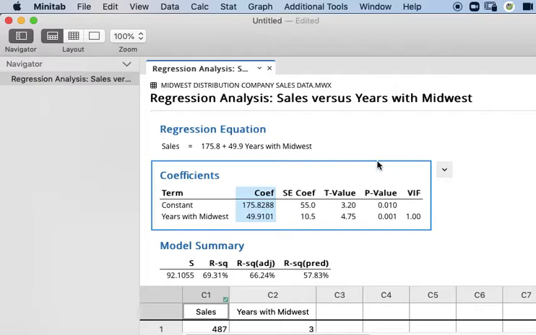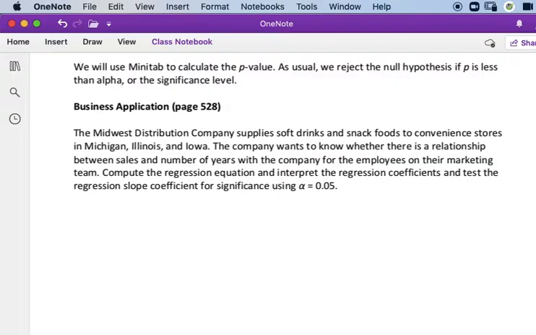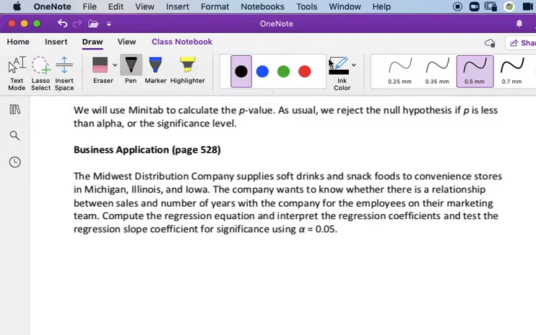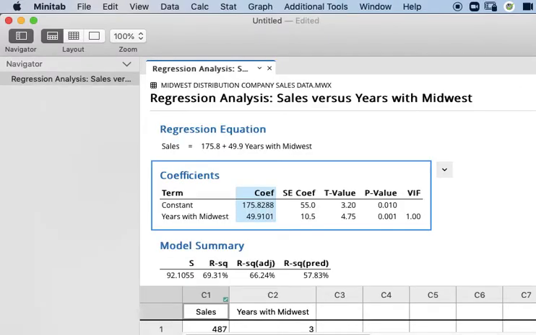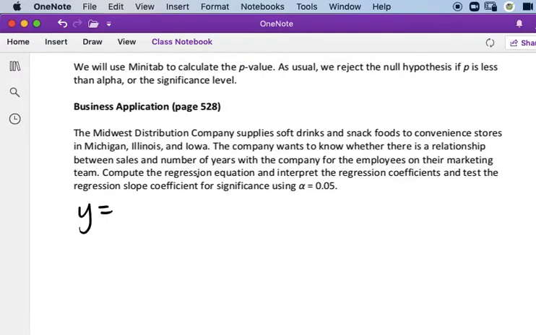I'll write this down: my equation was y equals 175.8 plus 49.9x, or however I want to round those numbers.